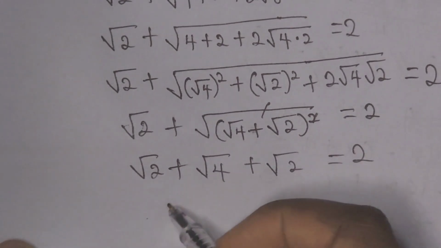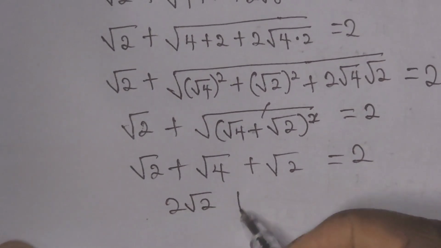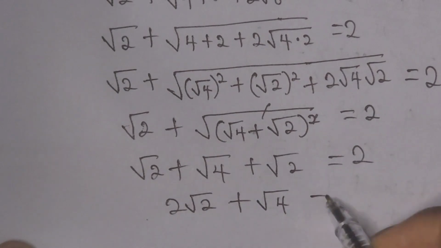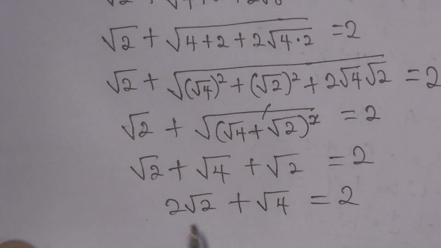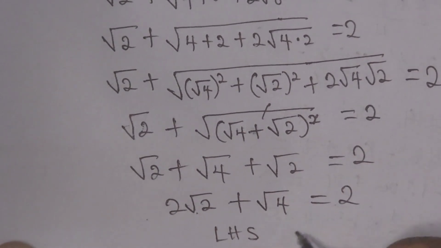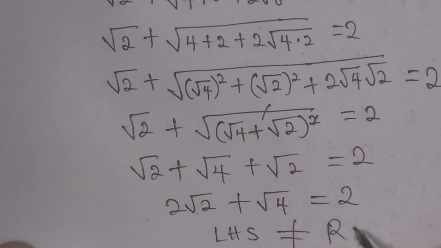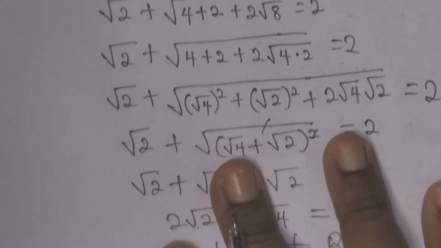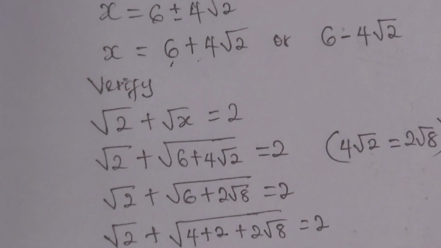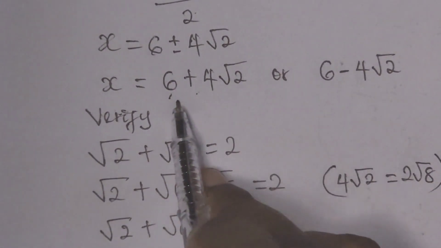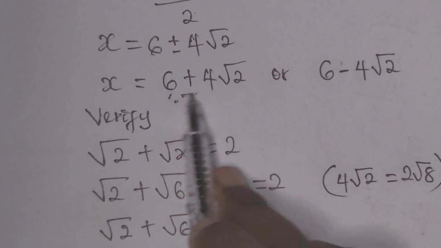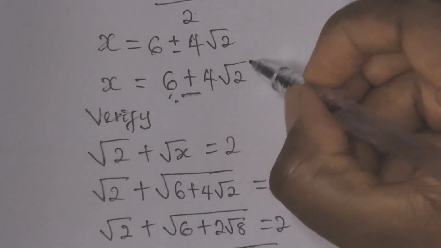So this will be 2 root 2 plus root 4, all equal to 2. But this and this are not equal. So the left hand side is not equal to the right hand side. It simply means that the first solution, this solution, is wrong.